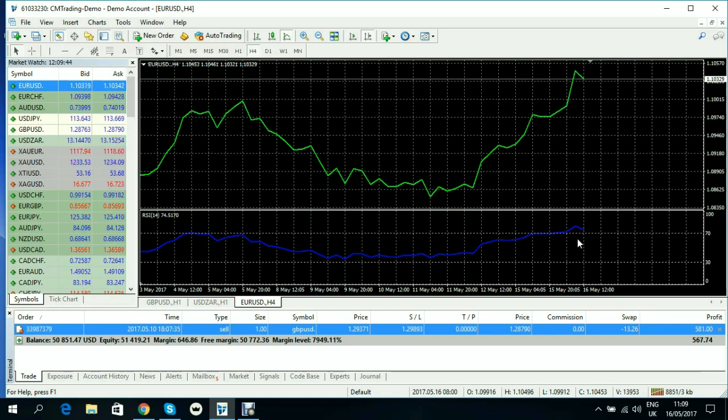So practice it, use it, and then you will see the result, and in the long run you will master it and be a master of it. So this is how the RSI works, and I believe that it will be useful for your trading career. Thank you.